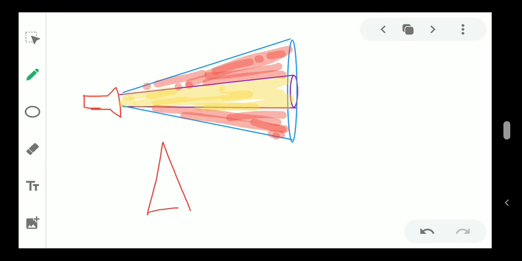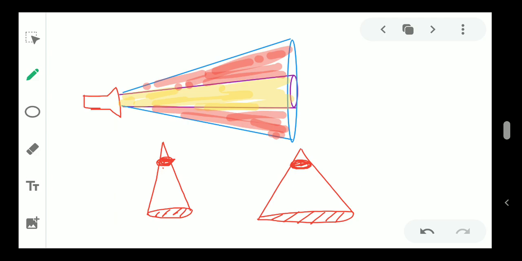In the bigger one the surface area is big, whereas in this one the surface area is small. If we take a cross section, if we cut this place, we get a small circle like this, right?